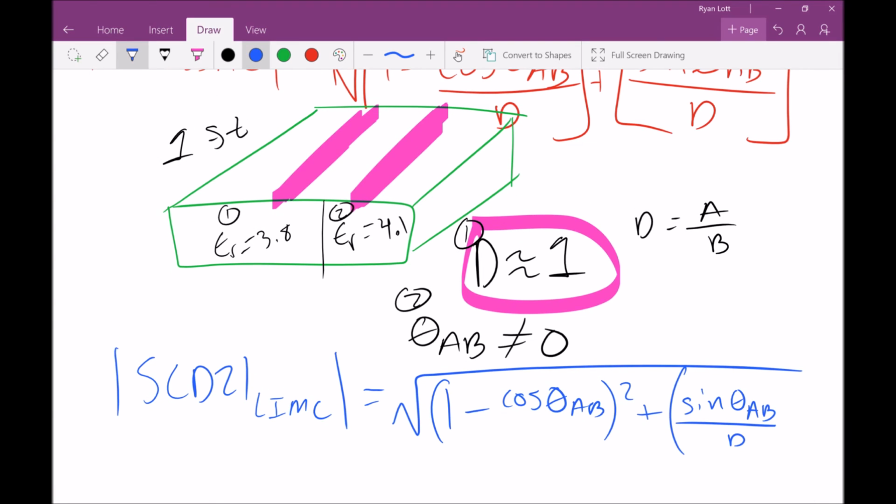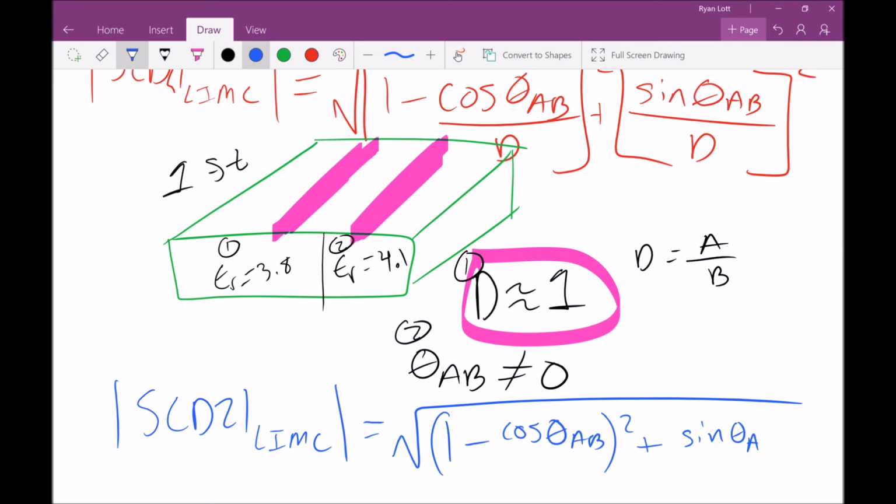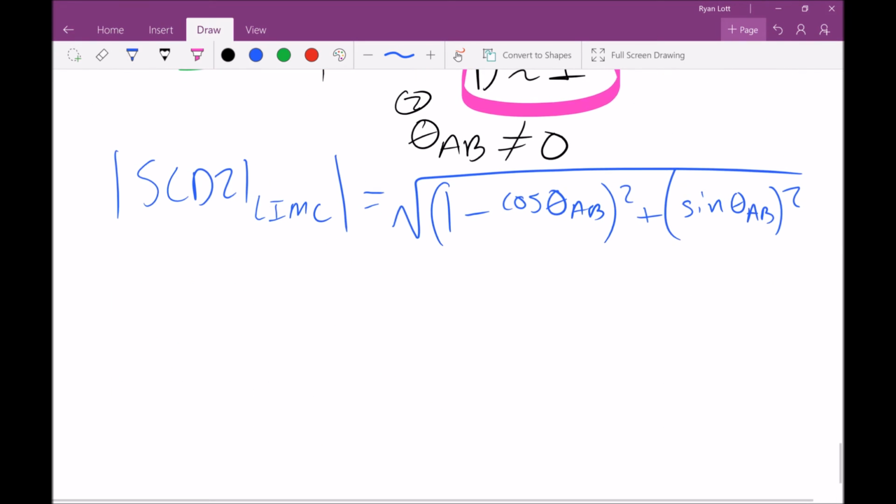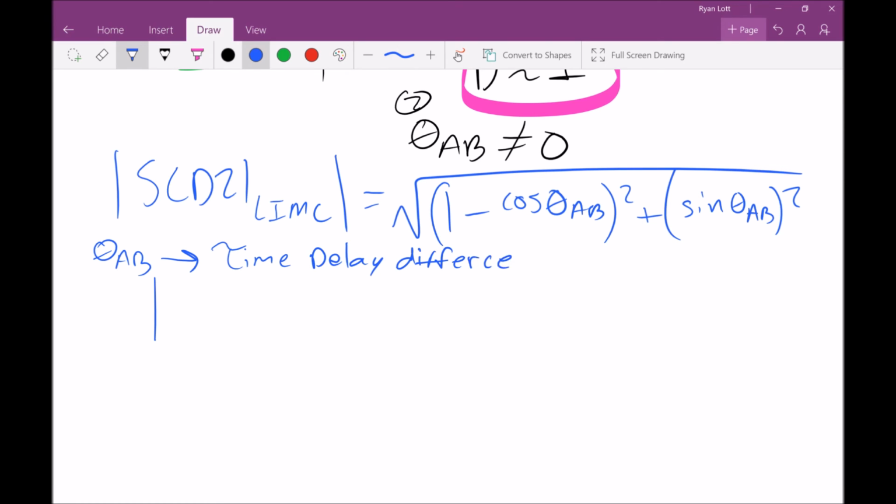Oop, sorry, I forgot we're not including D. Well, sure enough, it turns out that if you take into account the factor of 2 division that we were talking about earlier, and we do some quick tricks, if we're just talking about phase difference, or if we want to think of this better, a time delay difference between the two vectors, or the two waves, then the magnitude of SCD21 breaks down into a very, very simple formula.